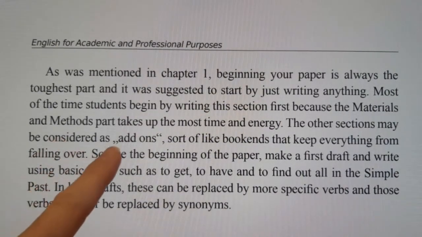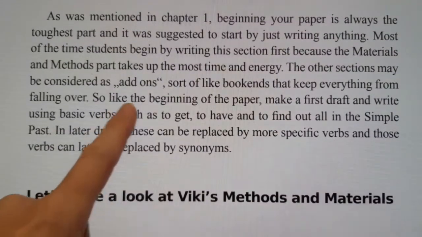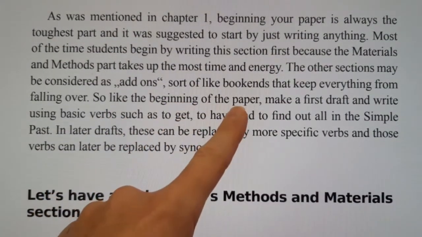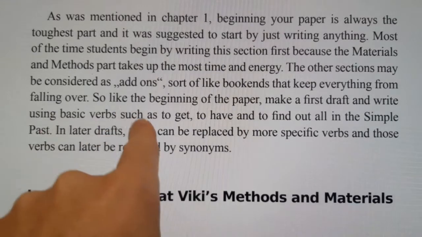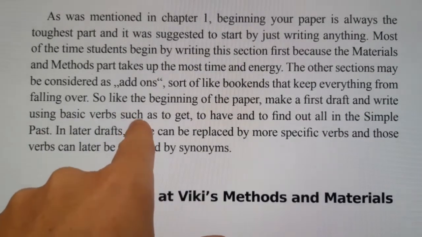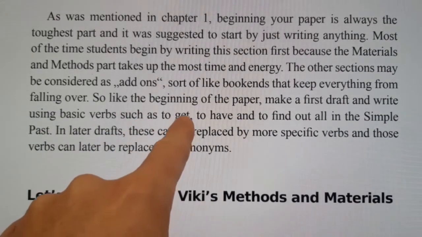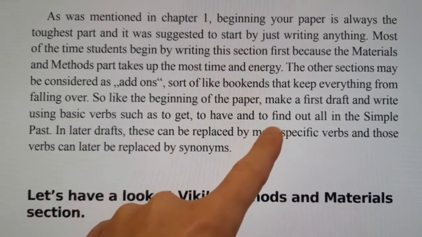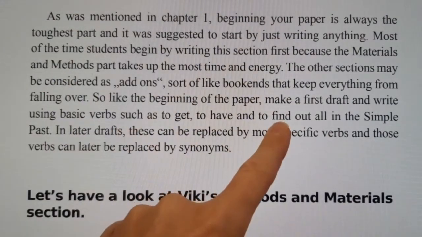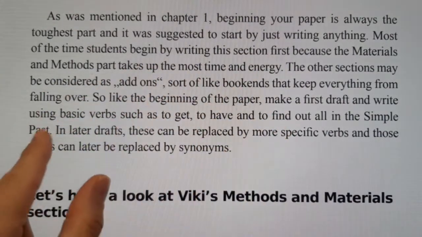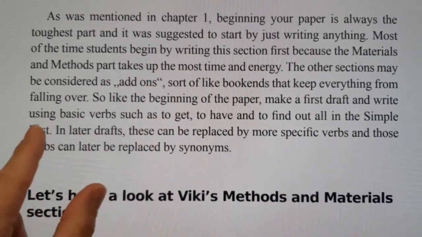Okay, I want to show you a few things here. Always make a first draft. Remember, you can do the edit, and always use basic verbs. Okay, you can use things like to get, to have, and to find out. And try to use the simple past, okay?